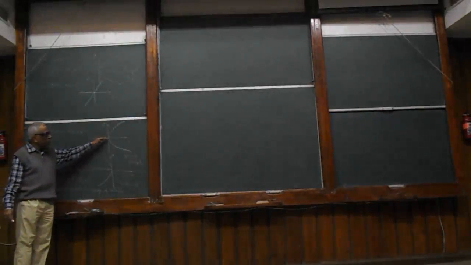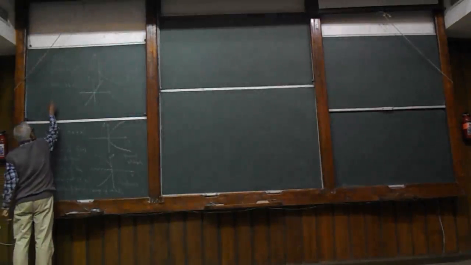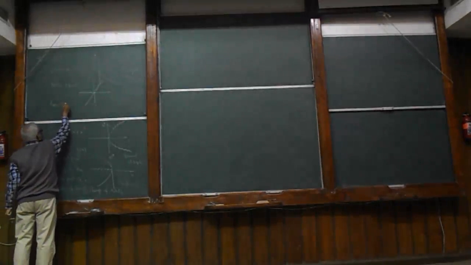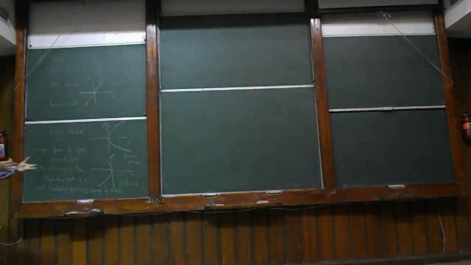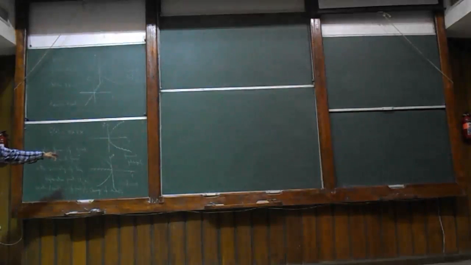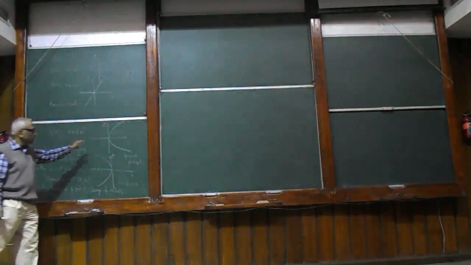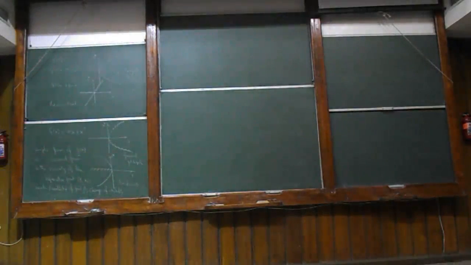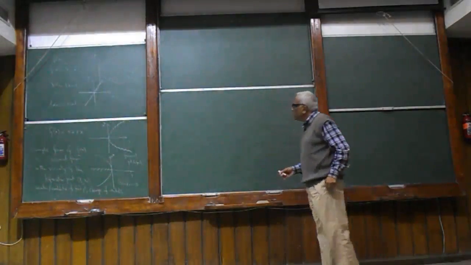Here in the transcritical, two fixed points remain, but the stability changes. In the other two cases, the pitchforks, in one case there is annihilation, the fixed points merge and disappear, and in this case new fixed points are born, so there is also a change of stability. So these are the things which characterize the bifurcation.